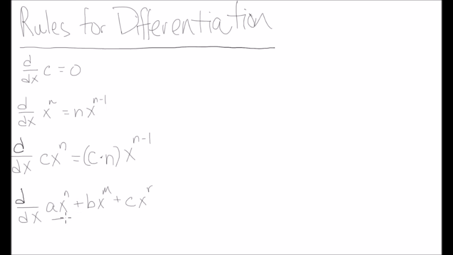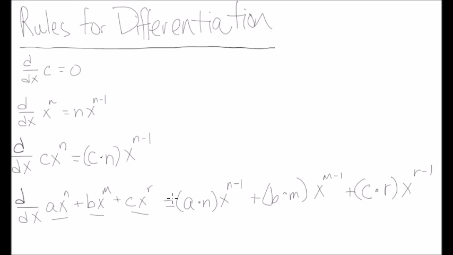I can take the derivative by simply taking the derivative of each of the terms separately. So my derivative would be a times n, x raised to the n minus 1, plus b times m, x raised to the m minus 1, plus c times r, x raised to the r minus 1. So you'll notice the first term is simply the derivative of the first term.